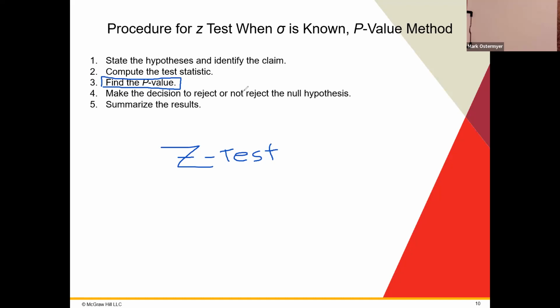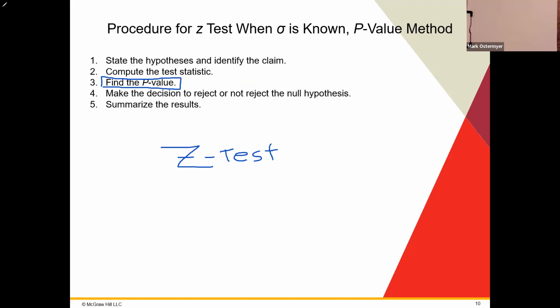A p-value is a conditional probability. And the p-value is saying that given that the null hypothesis statement is true, what's the probability of obtaining a test statistic as extreme or more extreme than the one we actually obtained from our parent population. And I believe there was a saying that had a rhyme to it last week.